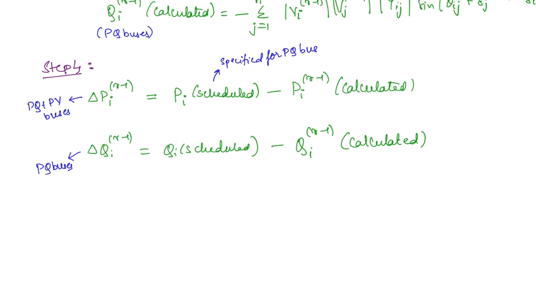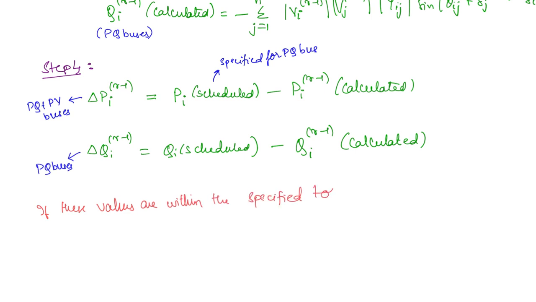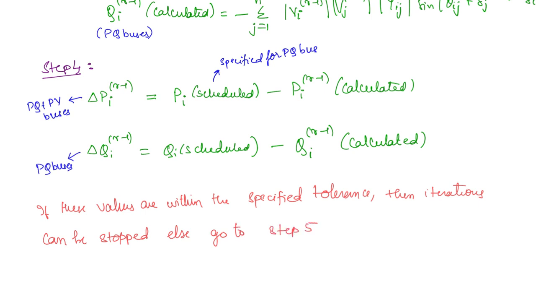So here you can write down: if these values are within the specified tolerance, then iterations can be stopped, else go to step 5.